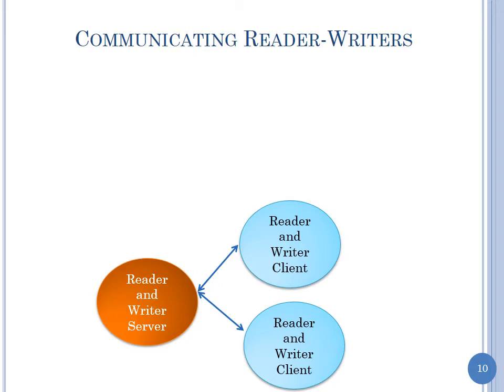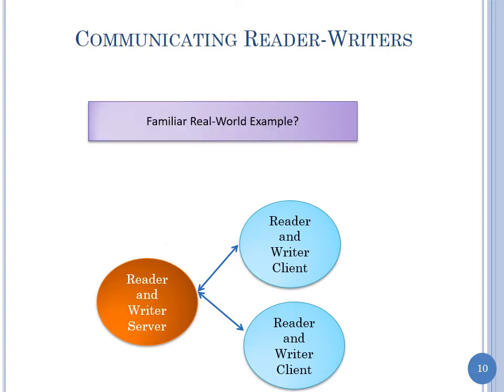So now these clients that I show are logically all connected to each other, but physically they talk through a server. This is an architecture you find in many applications, and we've seen examples of this already, but let's repeat those examples in this context.